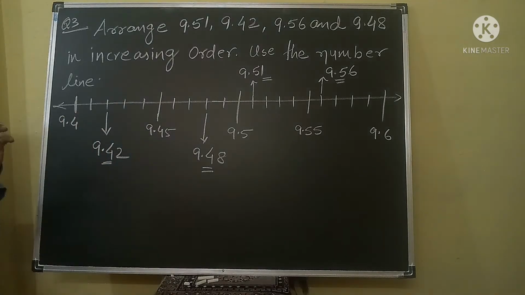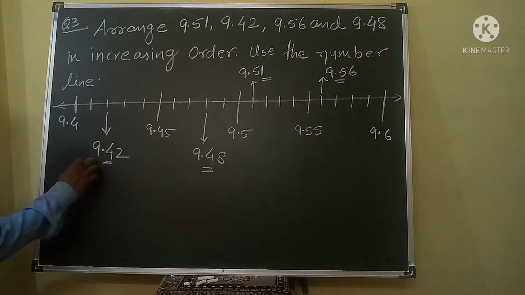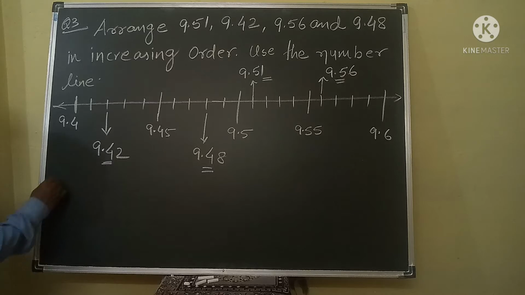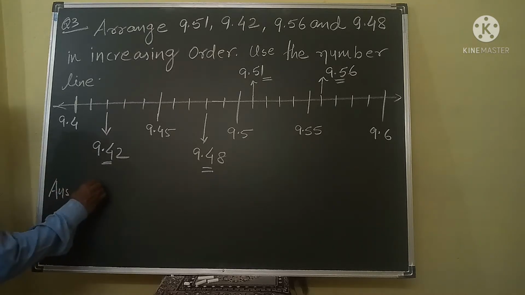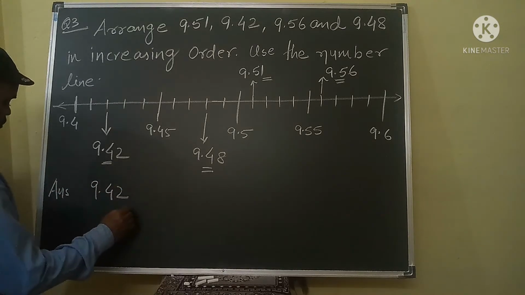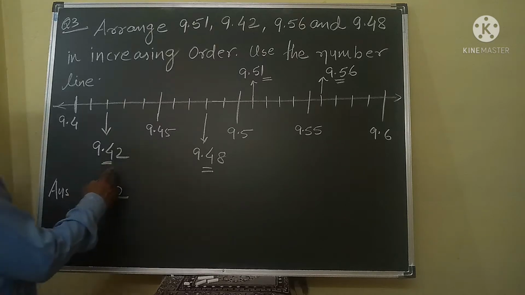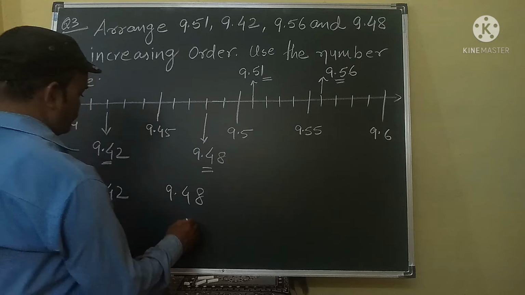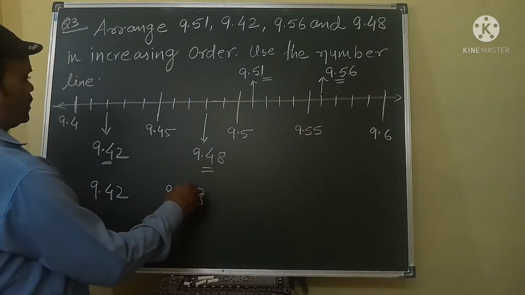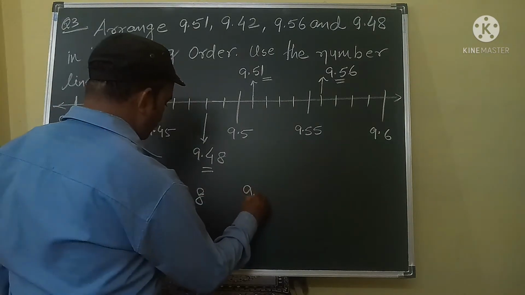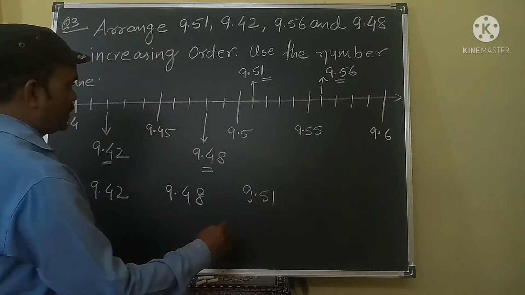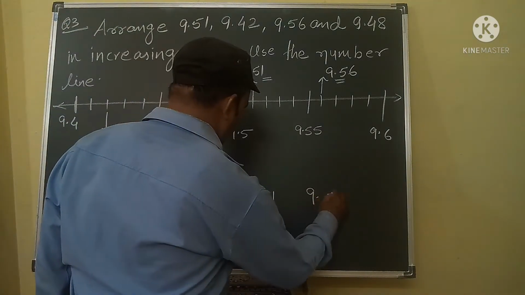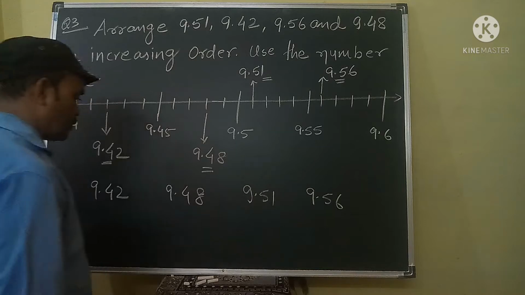Which is the smallest decimal number? That is 9.42. Then after that 9.48, then after that 9.51, and then after that 9.56.